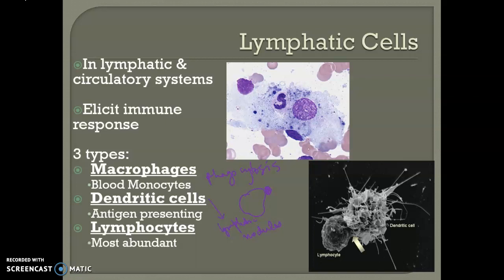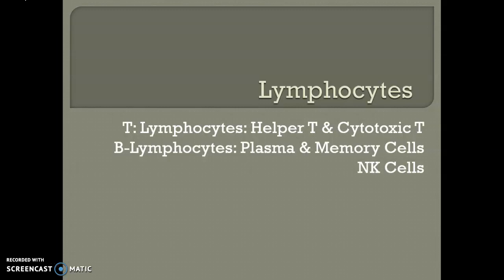Moving on to the most abundant type of lymphatic cells called lymphocytes. And the lymphocytes can be of different types. There are 3 types of lymphocytes that we will talk about. So let's make a small little chart. Lymphocytes. 3 main types.